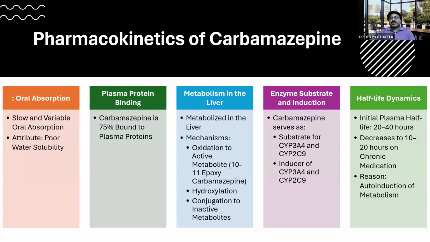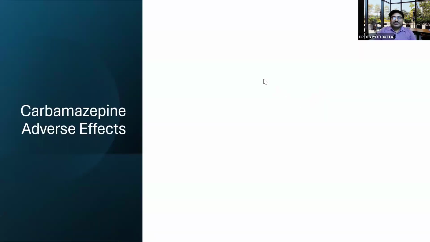One of the most important things regarding this metabolism is autoinduction. So it can induce its own metabolism, by which the initial half-life of carbamazepine is quite high. Once the drug is continued, the half-life reduces because of this autoinduction of the enzyme. The half-life dynamics for the same: initially it is 20 to 40 hours, but later reduces to 10 to 20 hours.